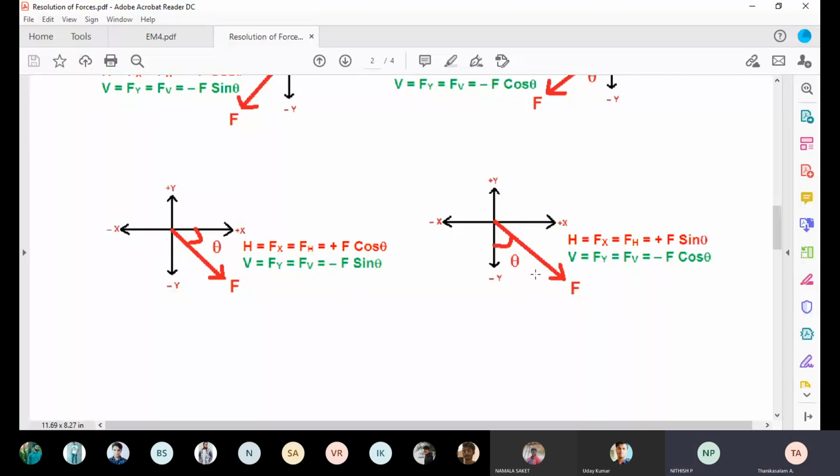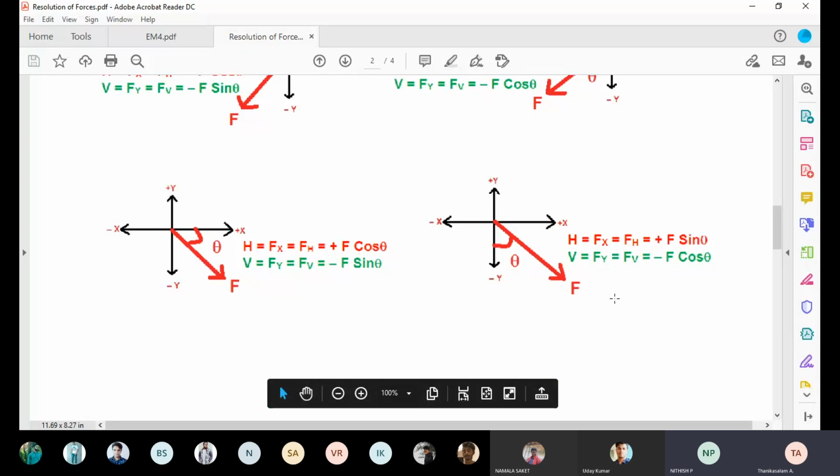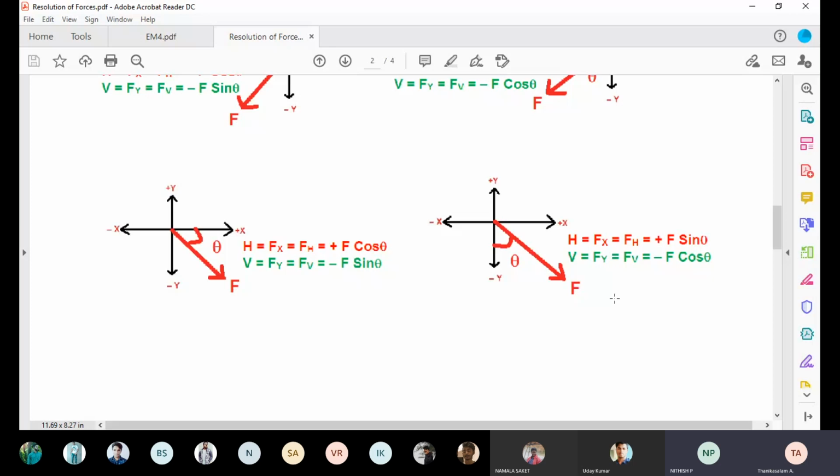Second diagram. In the second diagram, the force is along the y-axis, sir. If we resolve horizontally, it will become plus F sin theta, sir. Then if you resolve it vertically along the y-axis, it will become minus F cos theta, sir.